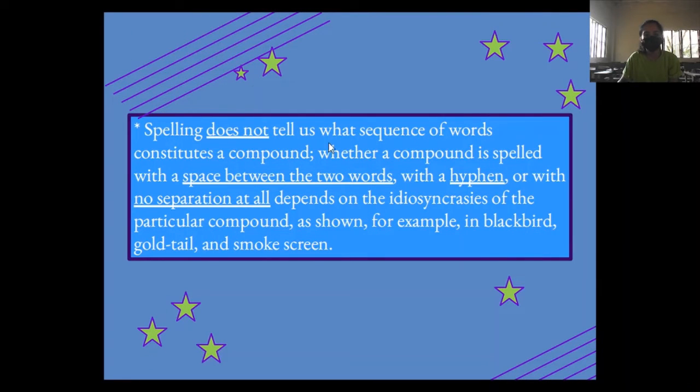Spelling does not tell us what sequence of words constitutes a compound. Whether a compound is spelled with a space between the two words, with a hyphen, or with no separation at all depends on the idiosyncrasies of the particular compound, as shown, for example, in blackbird, gold tail, and smokescreen.